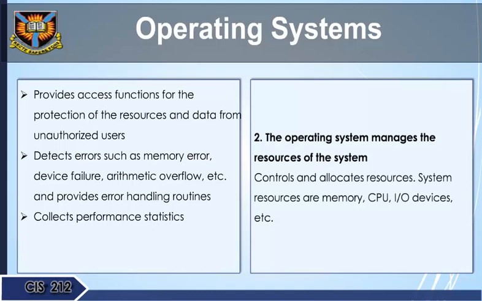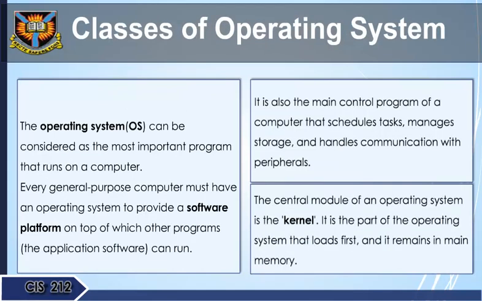2. The operating system manages the resources of the system, controls and allocates resources. System resources are memory, CPU, I/O devices, and so on. Classes of operating system. The operating system, OS, can be considered as the most important program that runs a computer.